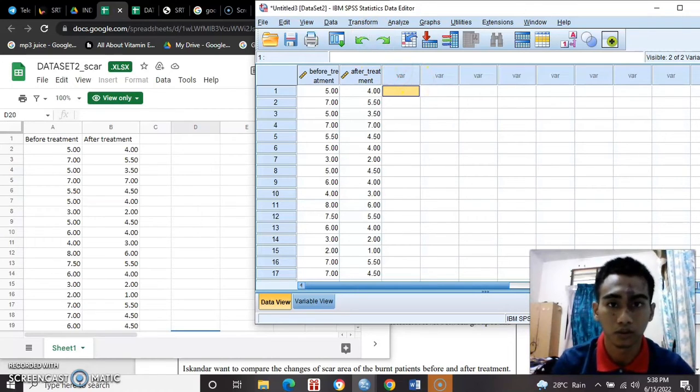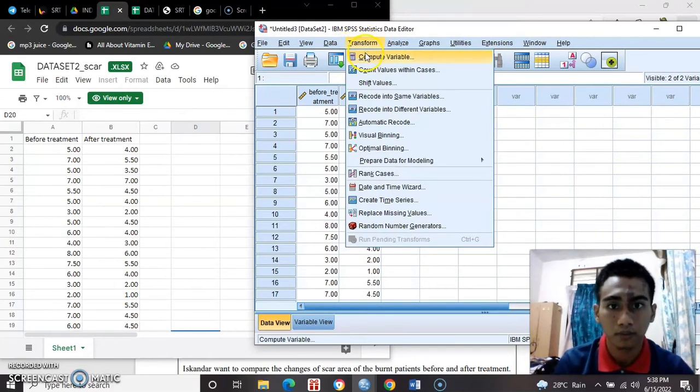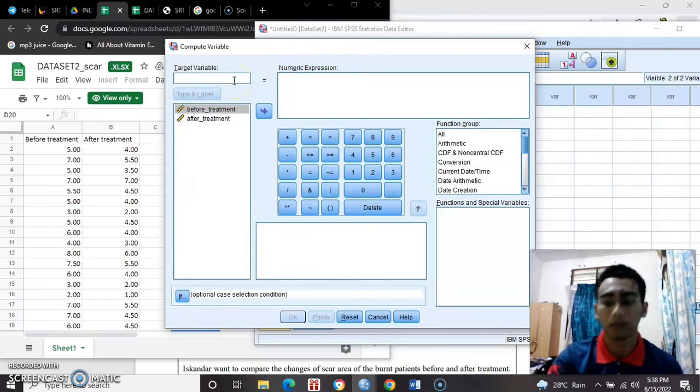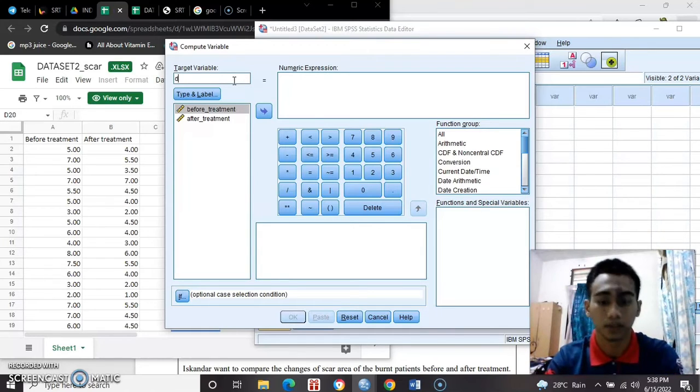Alright, so next we need to find the difference of before and after treatment. So we go to transform, go to compute variable. At the target variable we will type difference because we need to find the difference before and after treatment.